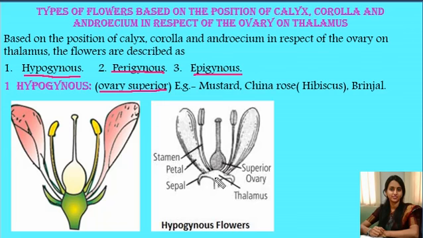Look at this diagram. This image may help you to draw the diagram and label the diagram. This is the thalamus. On this thalamus, this is the ovary. The ovary occupies the topmost position on the thalamus.